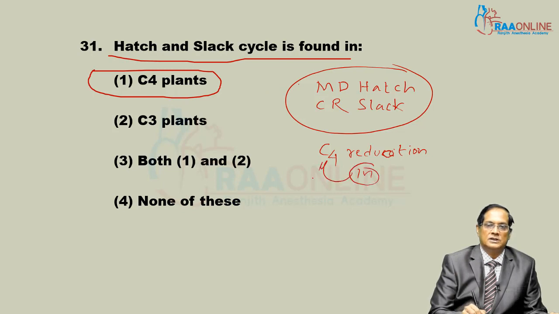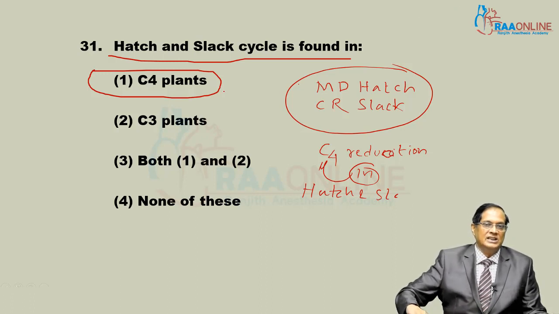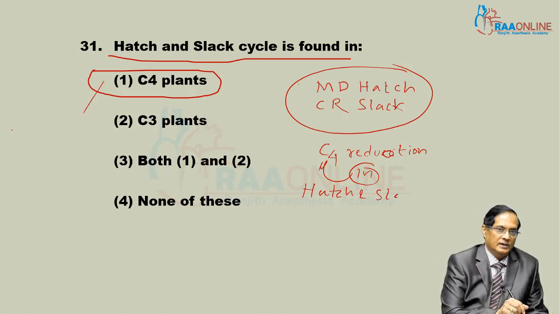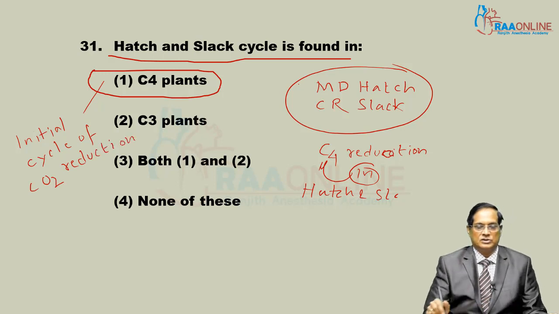These plants are known as C4 plants, and the pathway is now named the Hatch and Slack cycle. The Hatch and Slack cycle operates in C4 plants as the initial cycle of carbon dioxide reduction.